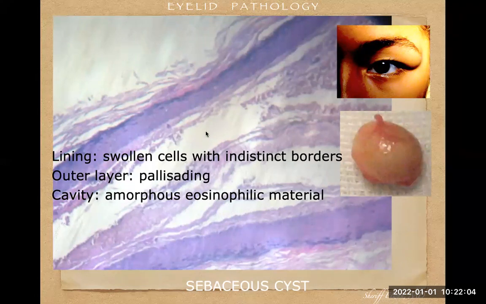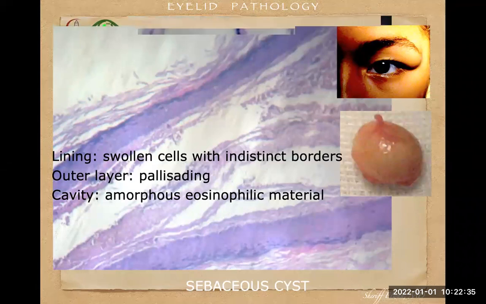And the lining is with swollen cells with indistinct borders, with palisading in the outer layer. These are the swollen cells, ballooned, and the lining is with an outer layer of palisading. The cavity contains an amorphous eosinophilic material. It is removed during the processing of the slide.